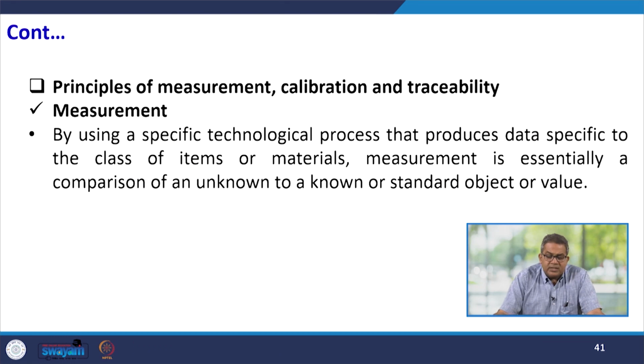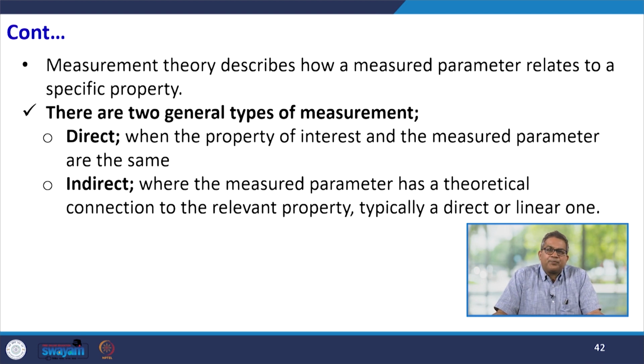Now, principle of measurement and calibration and traceability of measurement. Measurement is made by using a specific technological process that produces the data specific to the class of item or materials. Measurement is essentially a comparison of an unknown to a known or standard object or value.